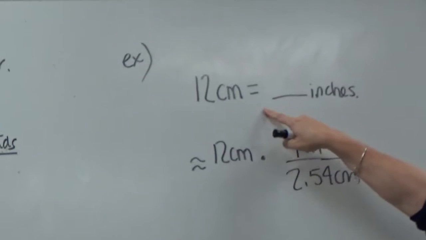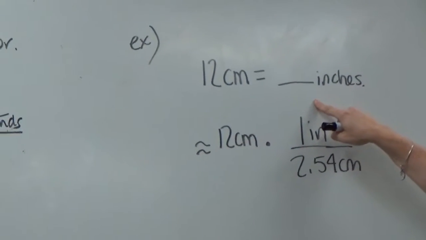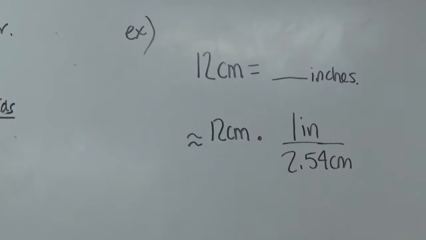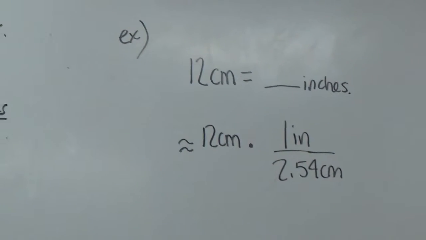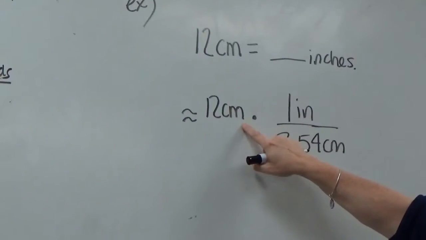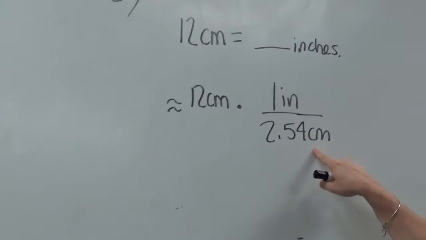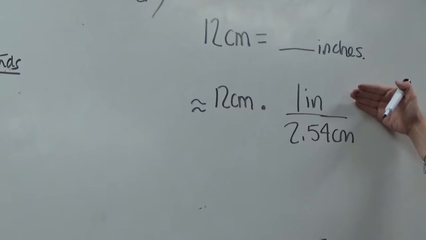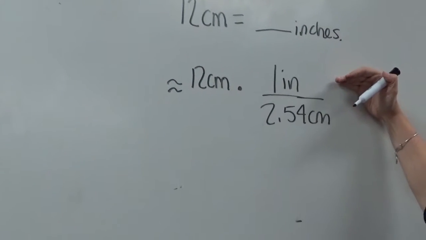Over here, we want to do 12 centimeters. How many inches is that? Again, I always want to try to cancel out centimeters to get the answer in inches. The only way to cancel out centimeters is to put centimeters in the denominator. So how many centimeters is 1 inch?